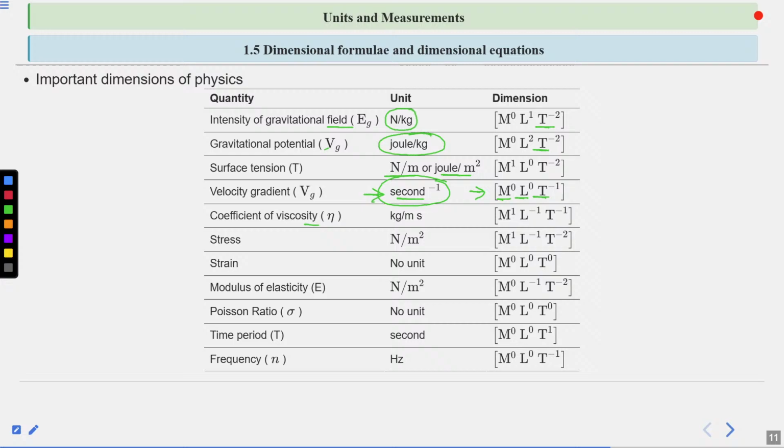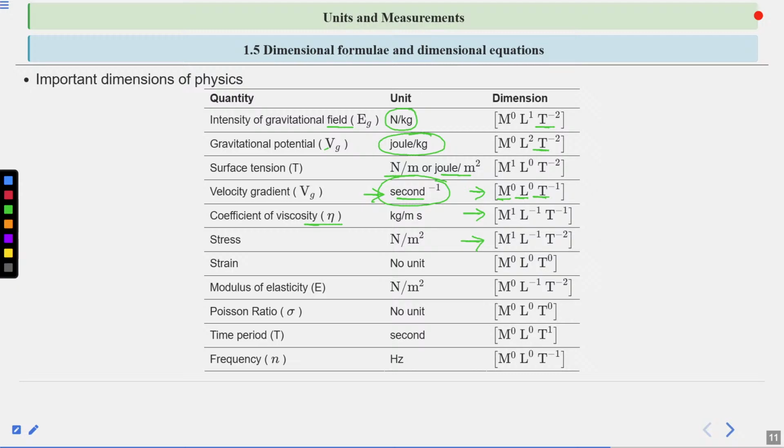Coefficient of viscosity. Unit is kg per meter second, and the dimensional formula is M L inverse T inverse. Stress, Newton per meter square, and its dimensional formula is M L inverse T raised to the power minus 2.